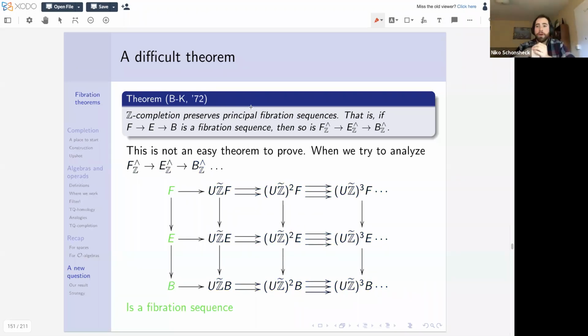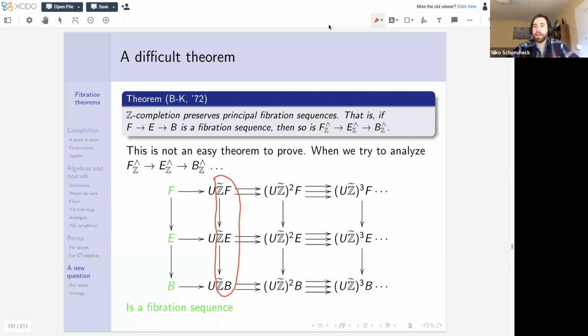We started with the fibration sequence, F to E to B, that's a fiber sequence, life is good. But if you look at this next column, what I've done is taken a fiber sequence and applied Z tilde. And this is bad, and there's a couple of different ways to see it. First off, I've taken a fiber sequence, which is a limit, and I've hit it with a left adjoint, right?